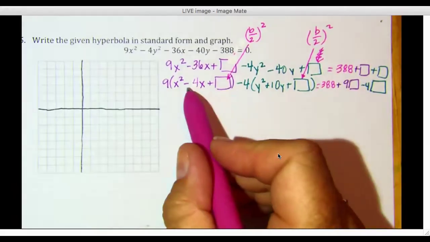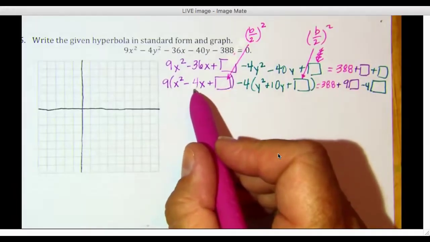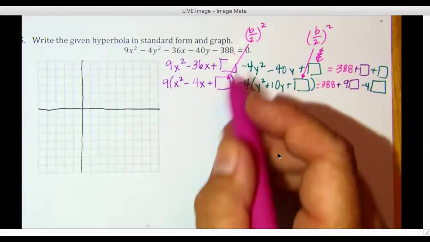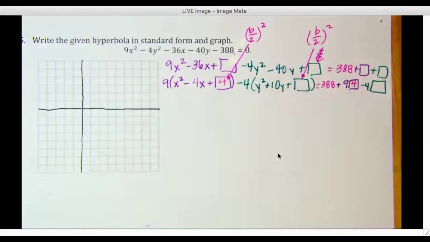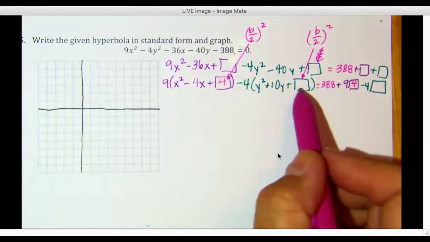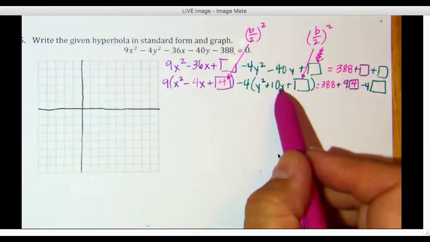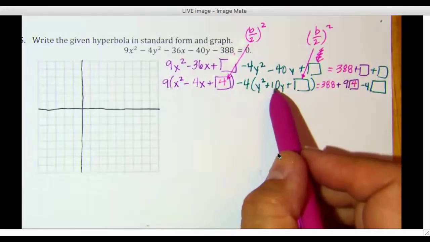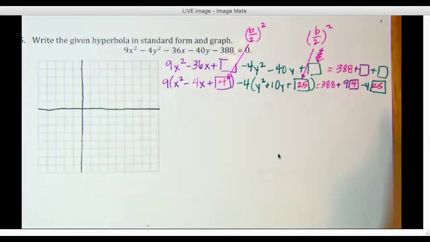So in this case, my b value is -4. -4 divided by 2 is -2. -2 squared is +4. And that's what's going in these purple boxes. And then here in this teal box, my +10 is my b value. So 10 divided by 2 is 5. 5 squared is 25, and 25.